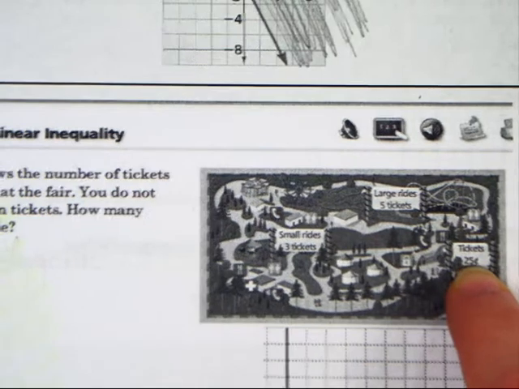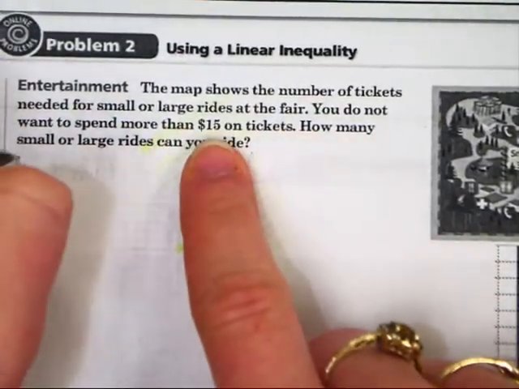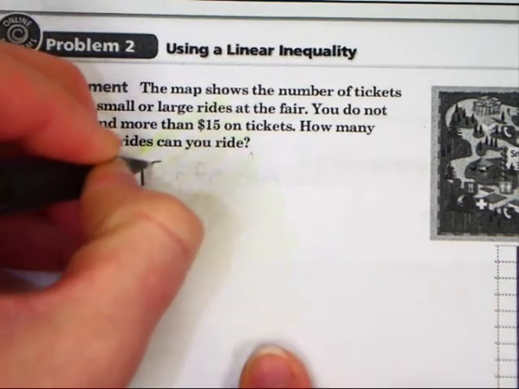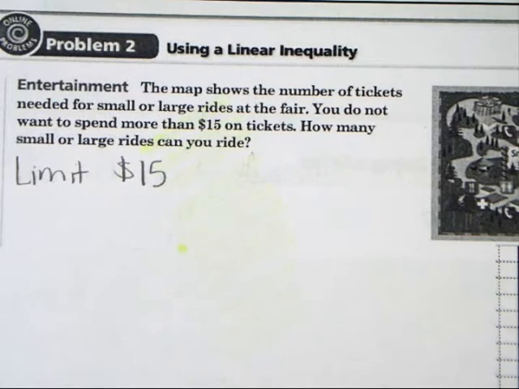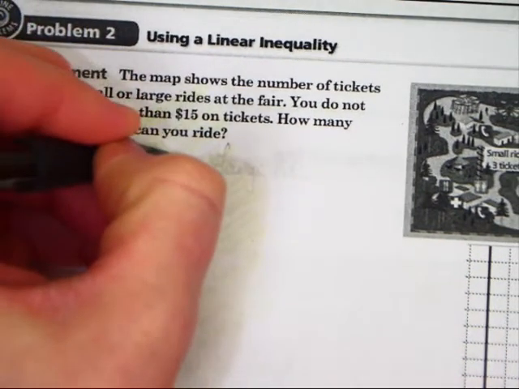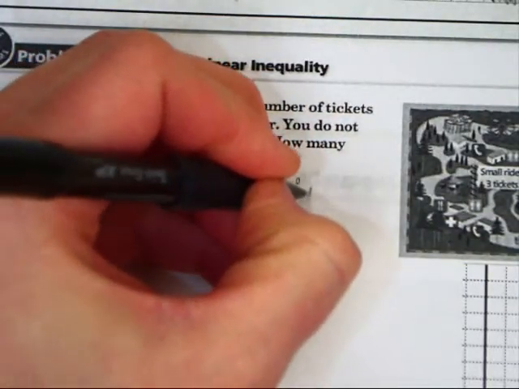Let's go over some more details. If we read again, we will see that you want to limit yourself to $15. I'm hoping that you might be able to say $15 is the same as how many tickets, and that will allow us to determine our ticket limit.